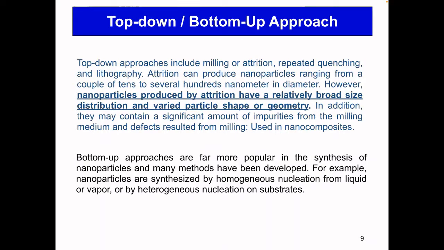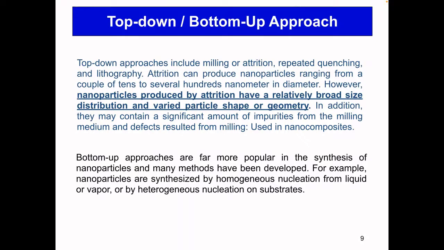For example, if you're in the nanocomposites world, all you want is to create an additional feature in your composite material. Let's say your matrix is a polymer, but you want to create some thermal enhancement in your composite material. You don't care what sort of nanoparticle you're putting into your polymer.